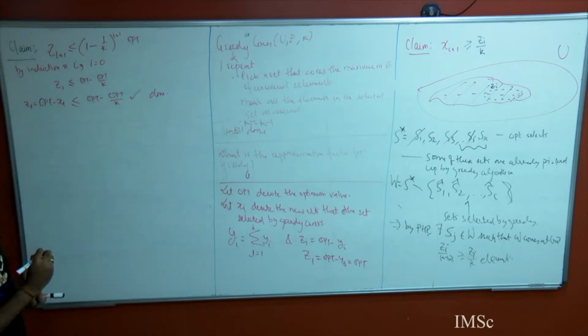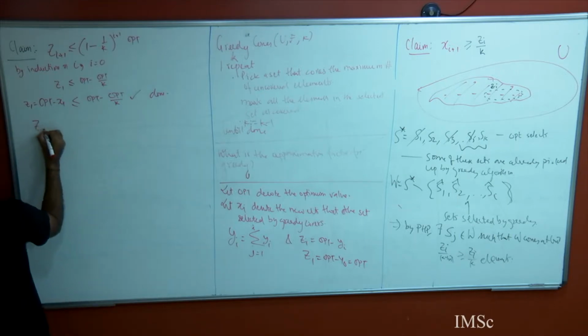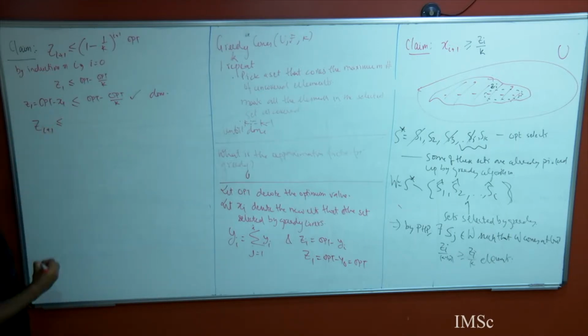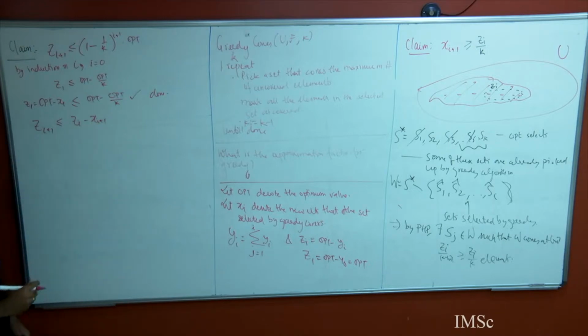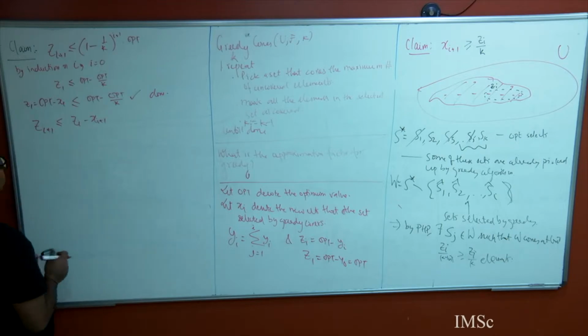Now let's look at the Zi plus 1 step. So what is Zi plus 1 less than or equal to? Look, Zi minus Xi plus 1. You are right.